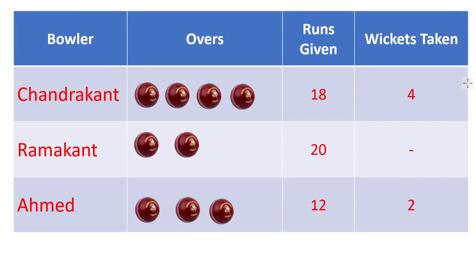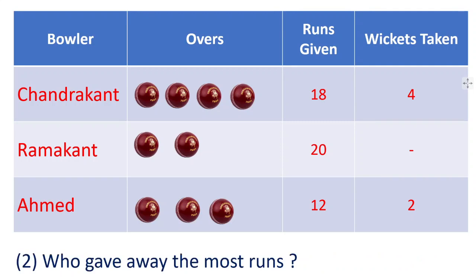Then another question can be, who gave away the most runs? Understood, giving away runs is not on our side, but the question is who gave away the most runs. So naturally it is Ramakant who has given the maximum runs.